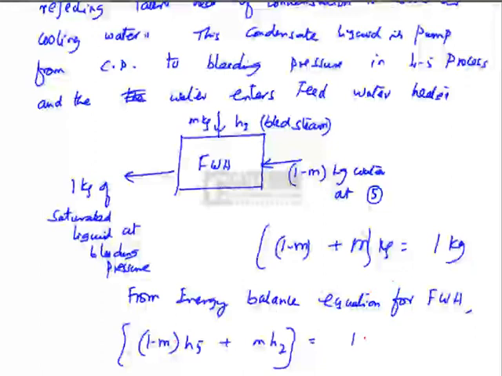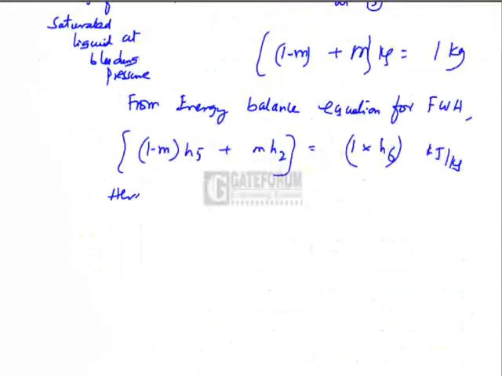That is 1 kg is leaving, that is at bleeding pressure, that will be H6, saturated liquid at H6, so many kilojoule per kg. Here, neglecting pump work because it is very small, H5 can be taken as H4.